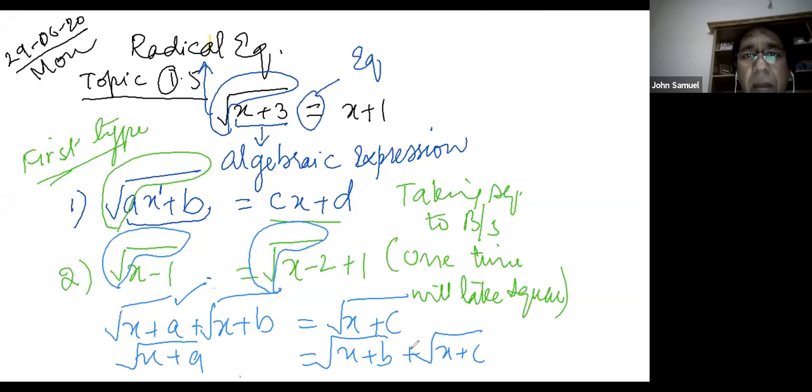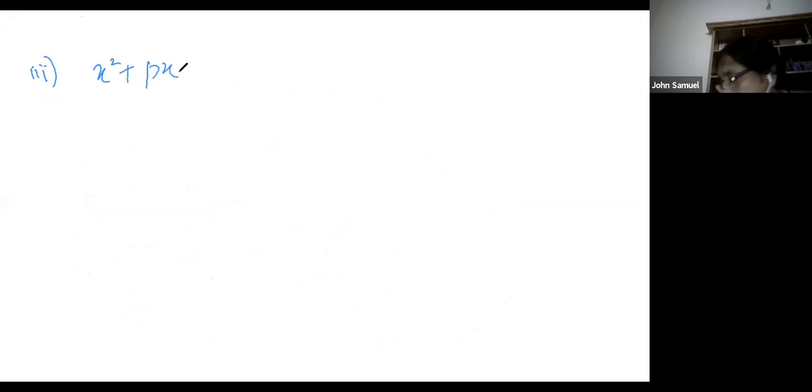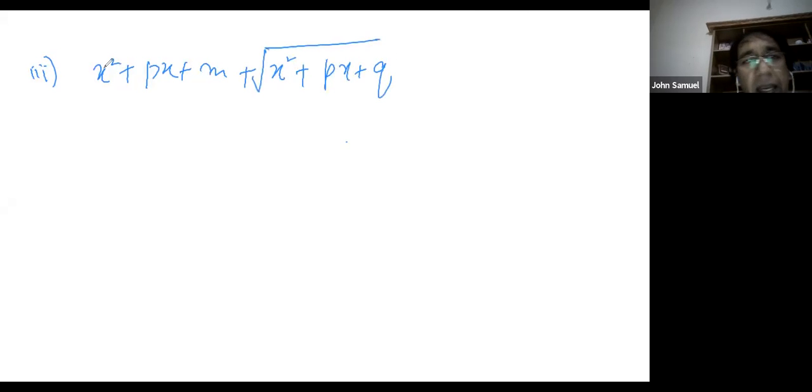And the third type I'm writing for you. In the third type, you will find square root of x square plus p of x plus m is equal to square root of x square plus p of x plus q under the radical sign.